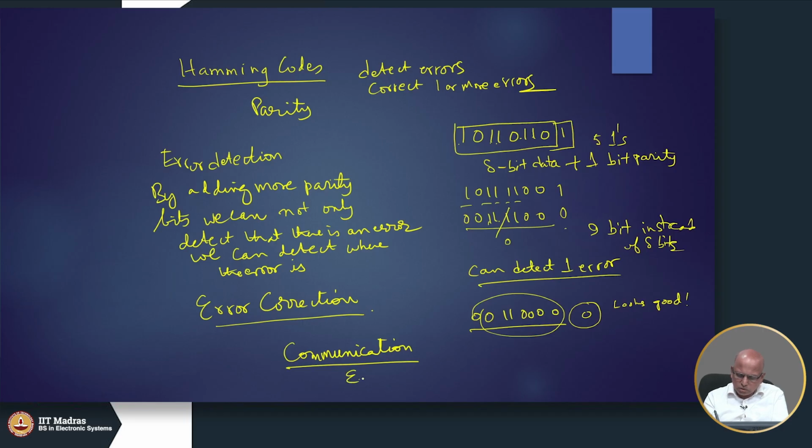Error correcting codes are now also used with memories. These are called ECC memories, error correcting code memories. ECC stands for error correcting code.